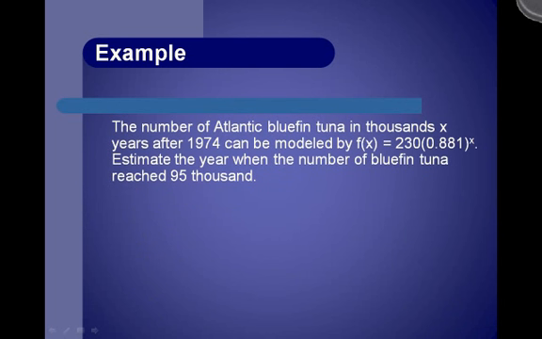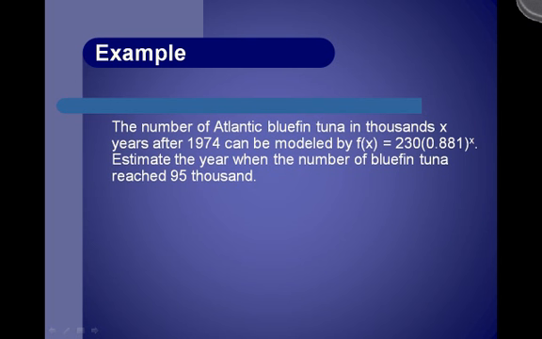Another example. The number of Atlantic bluefin tuna in thousands x years after 1974 can be modeled by the function f of x equals 230 times 0.881 to the power of x. Estimate the year, or the x value, when the number of bluefin tuna reached 95,000.